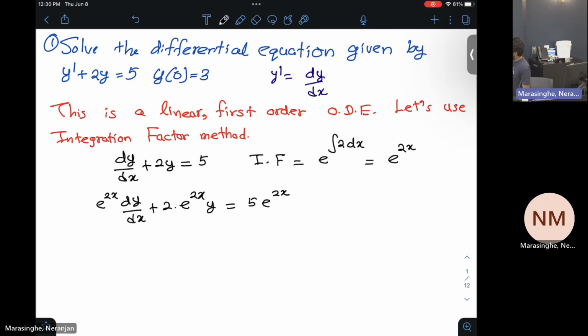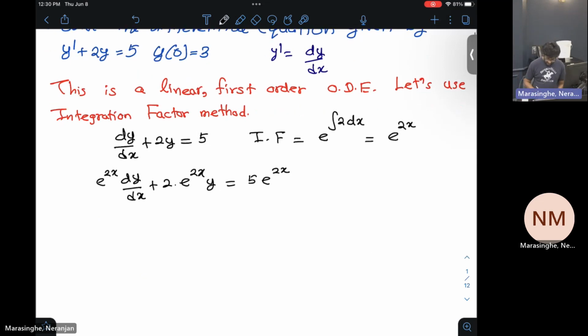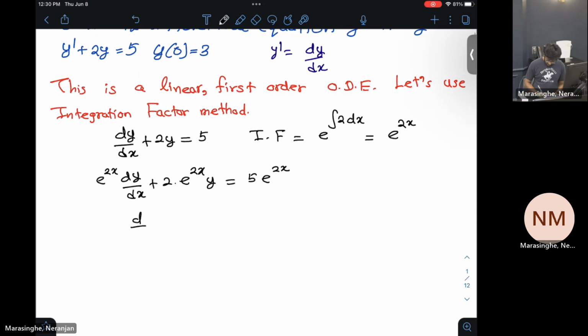What would be the next step? What is the summation? The summation is the derivative of your dependent variable times the integration factor, equal to 5 times e to the 2x. Okay.